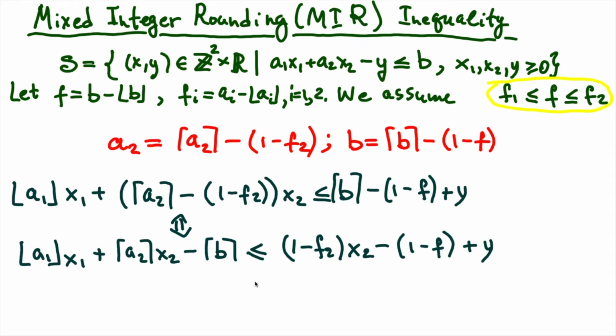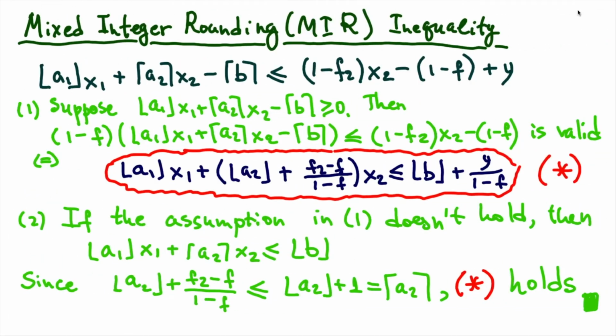Alright, and then we will derive the mixed integer rounding inequality based on this trick, and then we'll consider the second case when the left-hand side is negative. When it is negative, then clearly we cannot apply this trick, but in that case we will show that trivially the inequality that we will derive, this mixed integer rounding inequality, will still hold. Alright, let's go ahead and look at these two cases in more detail.